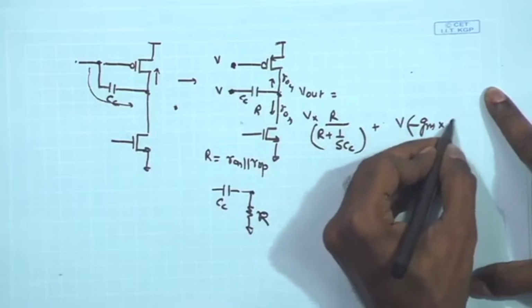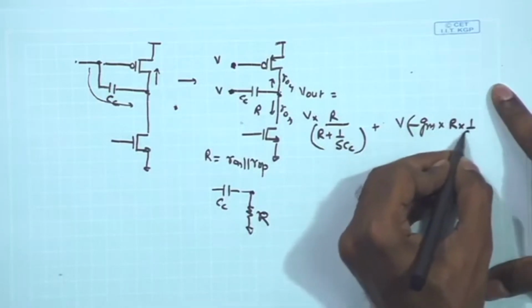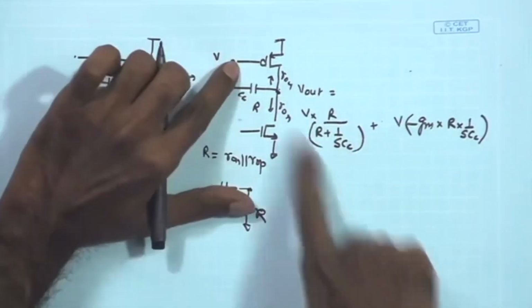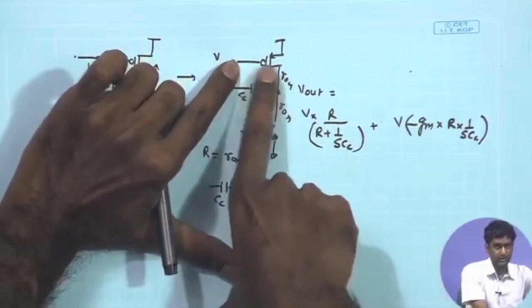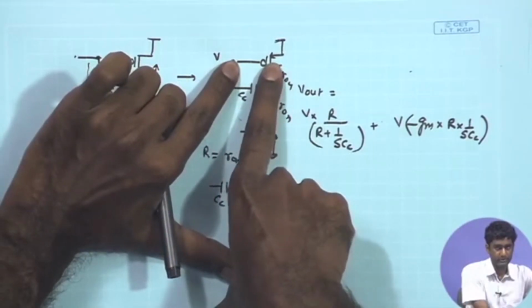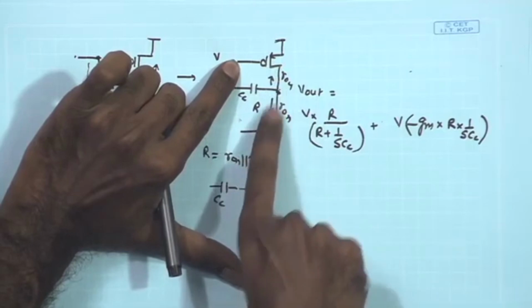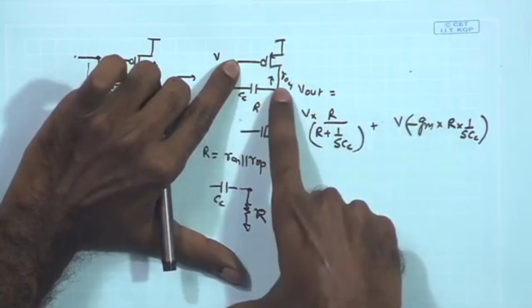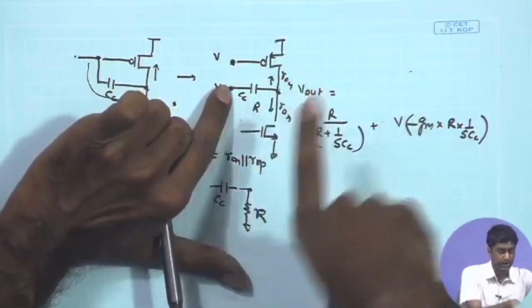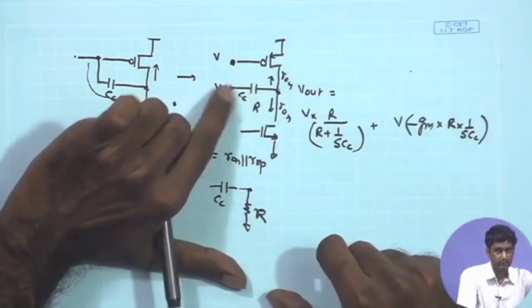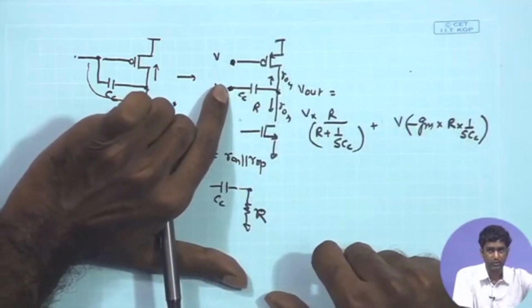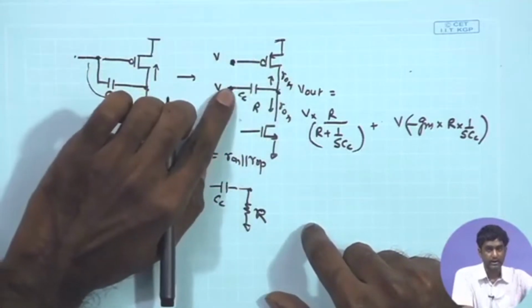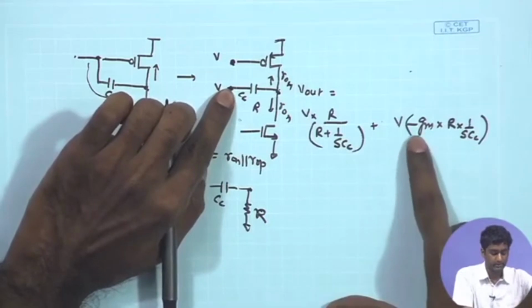So, minus GM times R parallel 1 upon SCC, right, because if I am looking at this circuit as a common source amplifier where the input is the M6, this PMOS device, at the load I have this overall small signal resistance RON parallel ROP, which is our R, and if this is set to AC ground, while analyzing the effect of this signal, this 1 upon SCC also appears in parallel with RON and ROP.